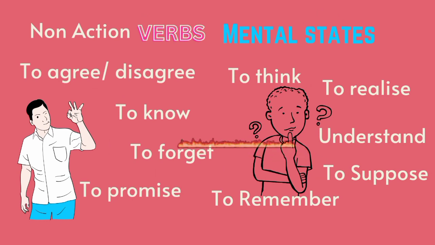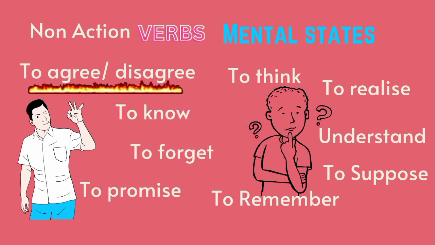Then there are verbs related to mental states. To agree or to disagree, to know, to forget, to promise, to think, to remember, to realize, to understand, to suppose.